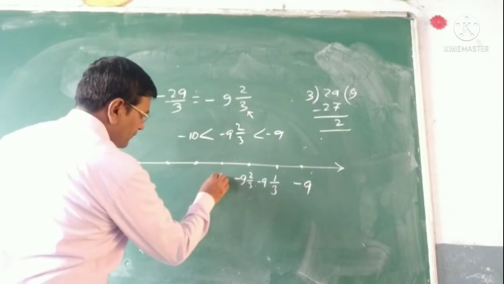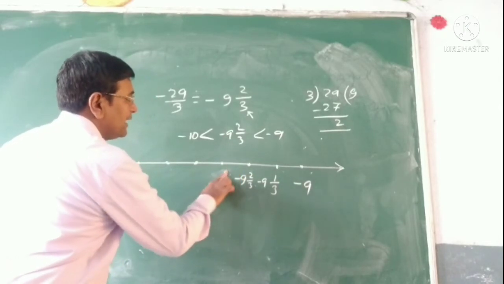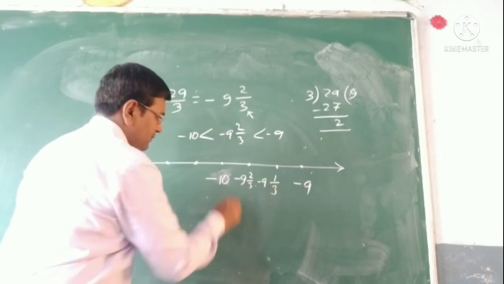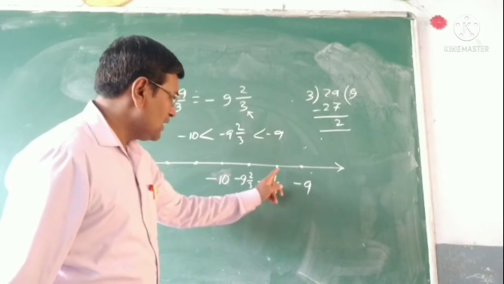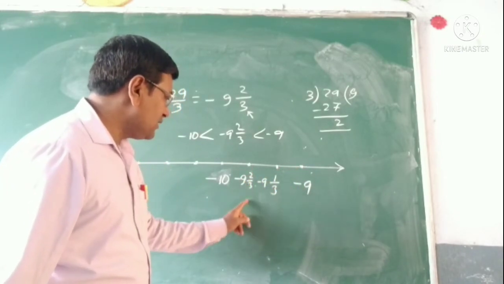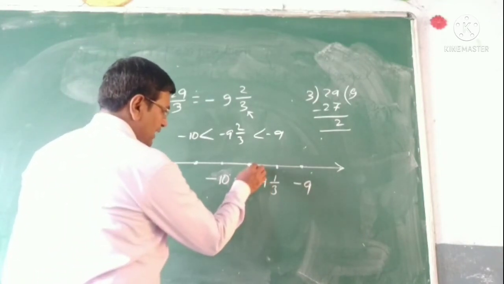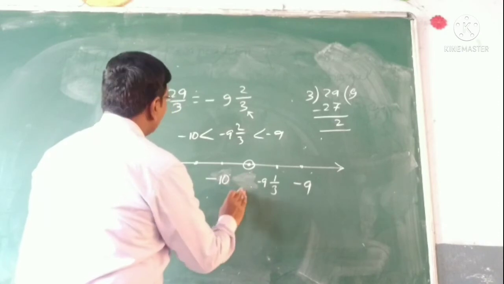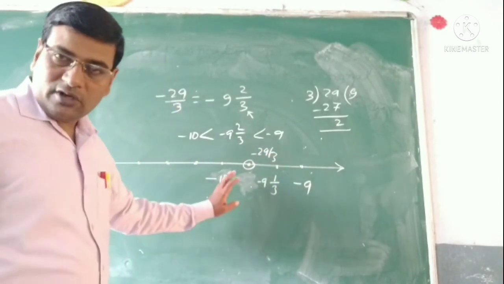And this one -9 whole 3 by 3 means what? 3 by 3 is 1. That means it will represent -10. -9 1 by 3, 2 by 3 and 3 by 3, so it is -10. Your answer is here. This point is representing -29 by 3 and your answer is here.